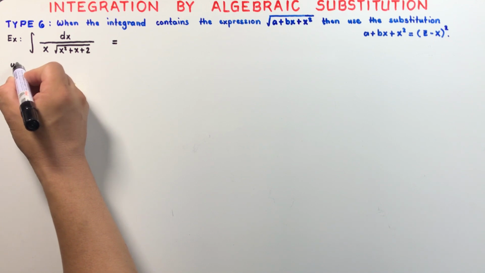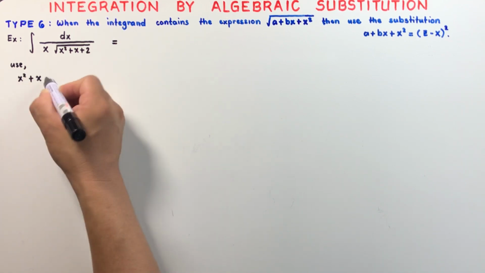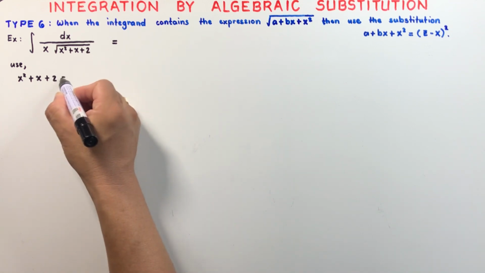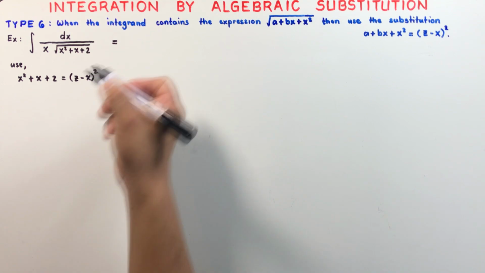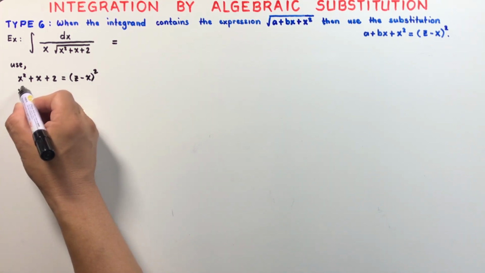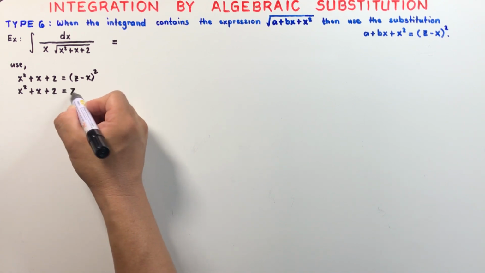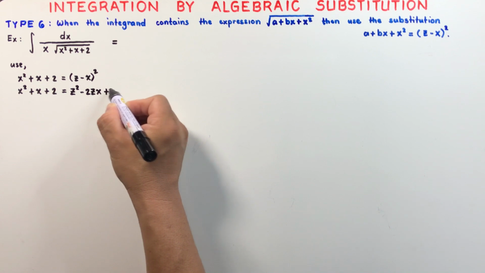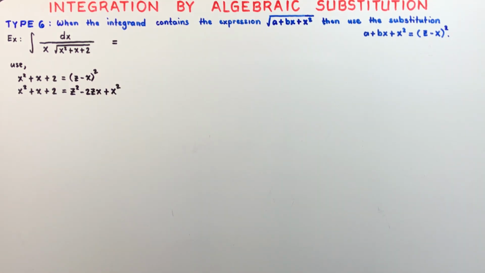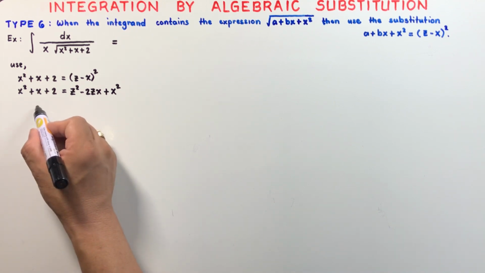So we use this substitution: x squared plus x plus 2 is equal to the square of z minus x. And expanding the square of this binomial, we have z squared minus 2zx plus x squared. Then we notice that this x squared and this x squared cancel each other.